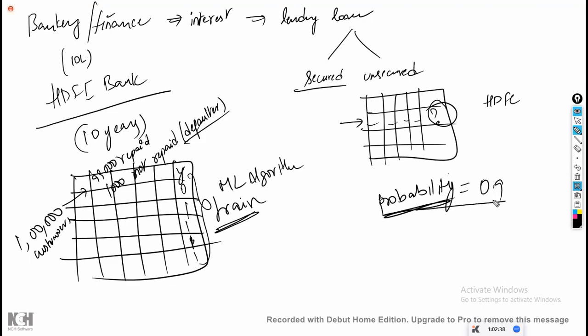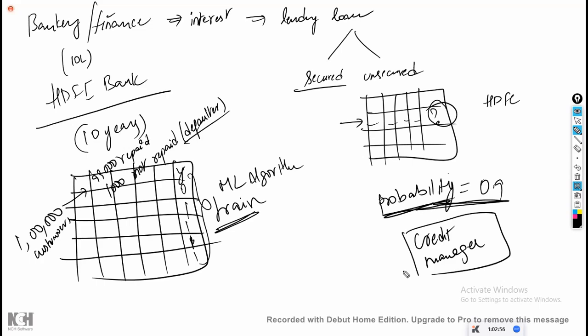Whatever output we have got, the credit manager will be there. Credit manager. He's not the bank manager. He's a different person. This credit manager finally is going to take the decision whether to give the loan or not.